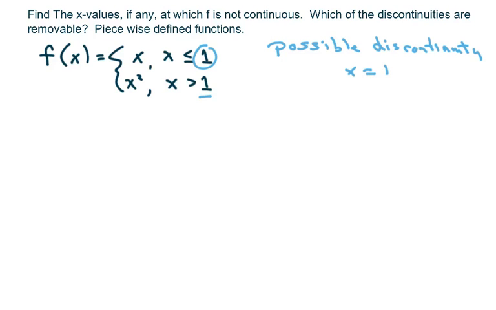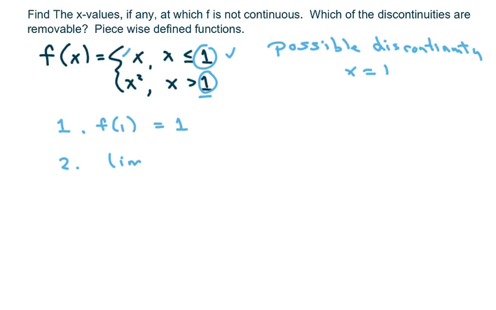We're looking at this number here. So we're going to try plugging in f of 1. That means it goes into this first piece, because that's where x equals 1, and that equals 1.